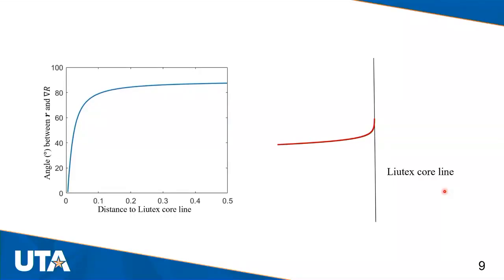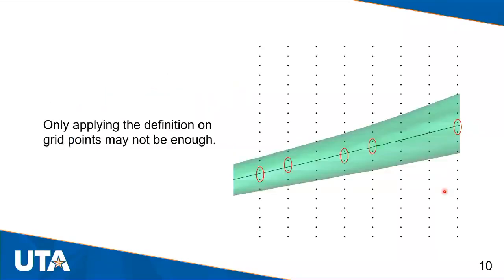It goes to the vortex center, and when we directly apply the definition numerically, we may give a threshold. If the angle is less than 5 degrees, for example, we consider them parallel. But if you require 5 degrees, it's super close to the vortex core, and you can see the grid points and the vortex core line position.